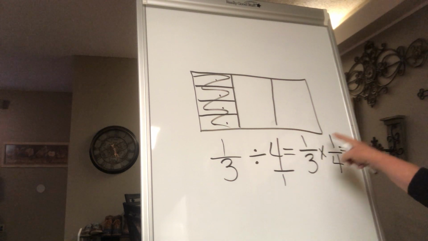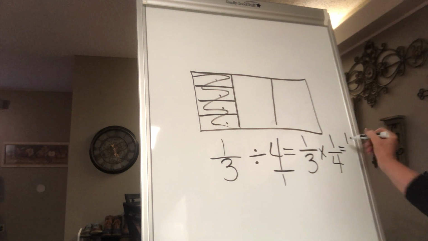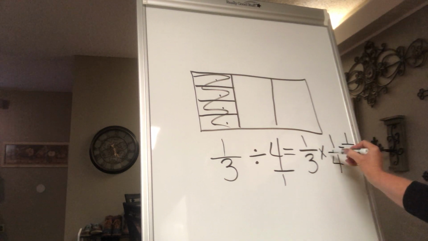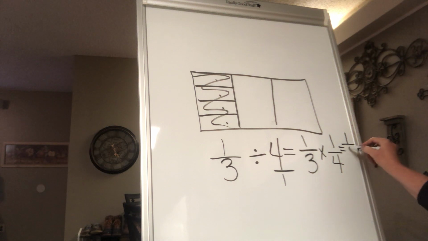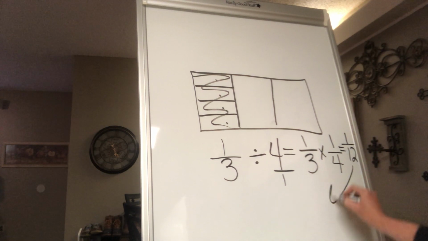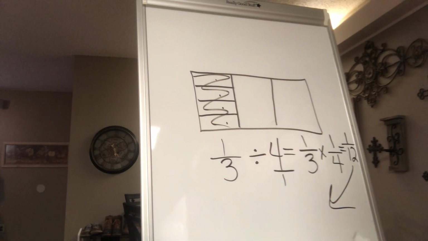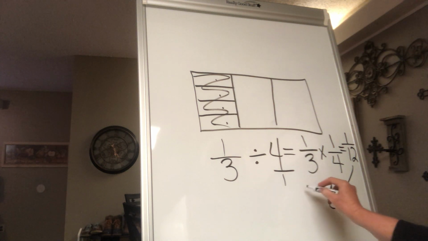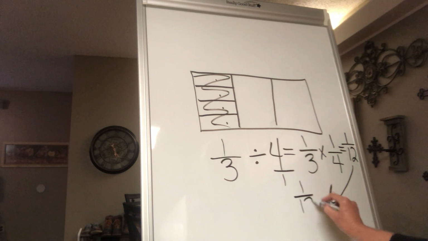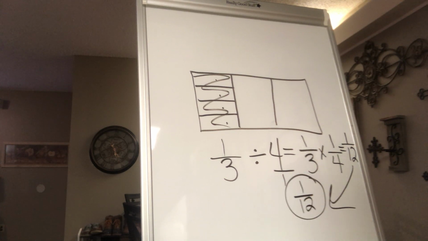So I would have 1 times 1 is 1. 3 times 4 is 12. So my final answer, if I asked you how much would each person get, each person would be getting 1/12.